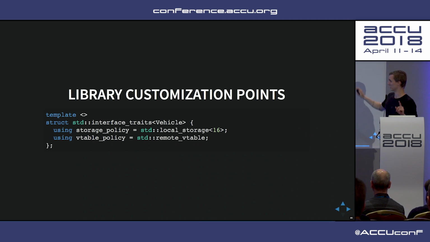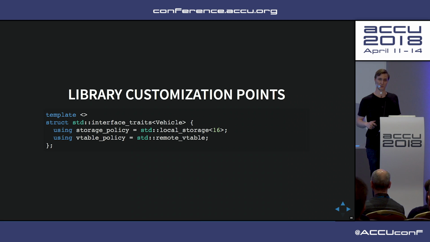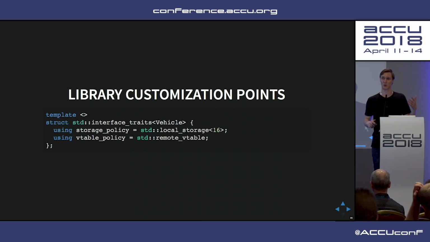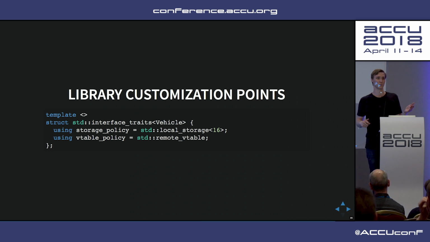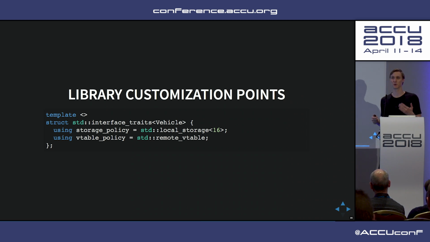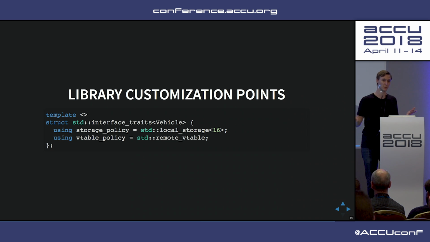But we can have library customization points, just like we have customization points for coroutines, for example. With coroutines, you have coroutine traits that allow you to define custom coroutines. You could basically have some library level hooks that allow you to specify or customize the way your storage is implemented or the way your Vtable is implemented.